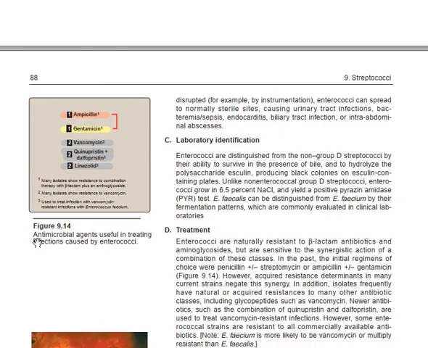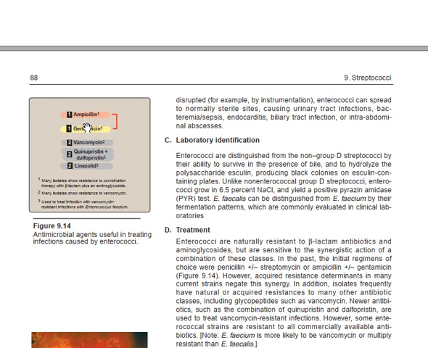Now, the next one is antimicrobial agents that are useful in treating infection with Enterococci. You need to know that Enterococci, unlike others, have specific antimicrobials which are used for them. So you have ampicillin and gentamicin, which should be used together in order to treat Enterococci. You must always add an aminoglycoside when you want to treat an infection caused by Enterococci. Is it clear?